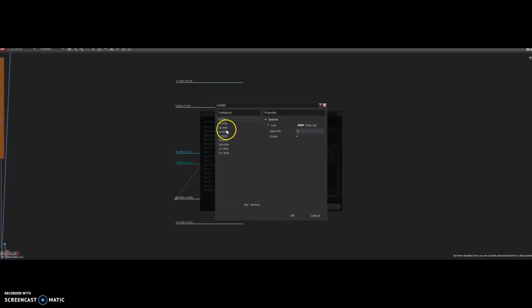So I use the 50 and the 61 area as my golden ratio zone, meaning that if price is above the golden ratio zone, which consists of 50 and 61.8, I'm looking for an upside target to negative 27.2%.